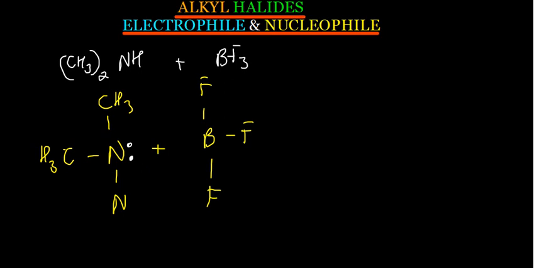What is going to happen in this reaction is that the nitrogen, which has a lone pair, is going to donate its lone pair to the boron, and we are going to form a nitrogen attached directly to a boron, with a bond to each fluorine. This is the compound that you are going to have. This is a hydrogen, it's not a nitrogen.